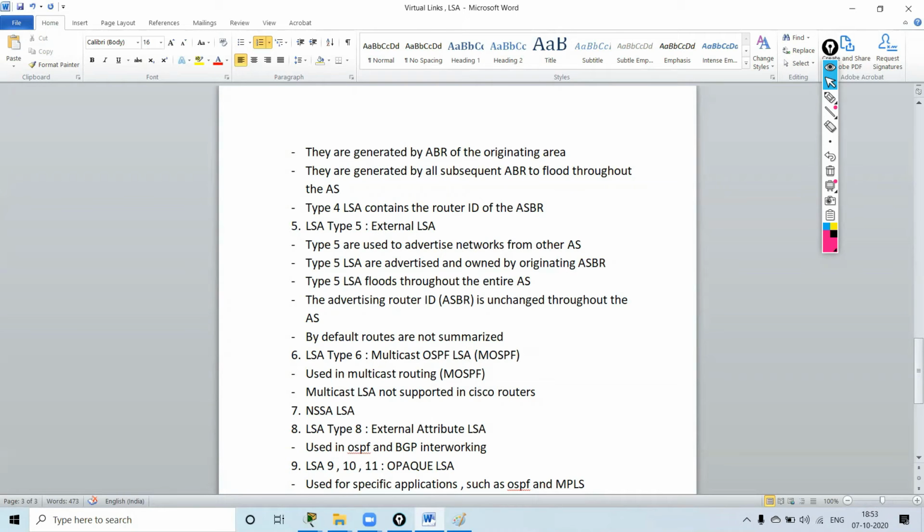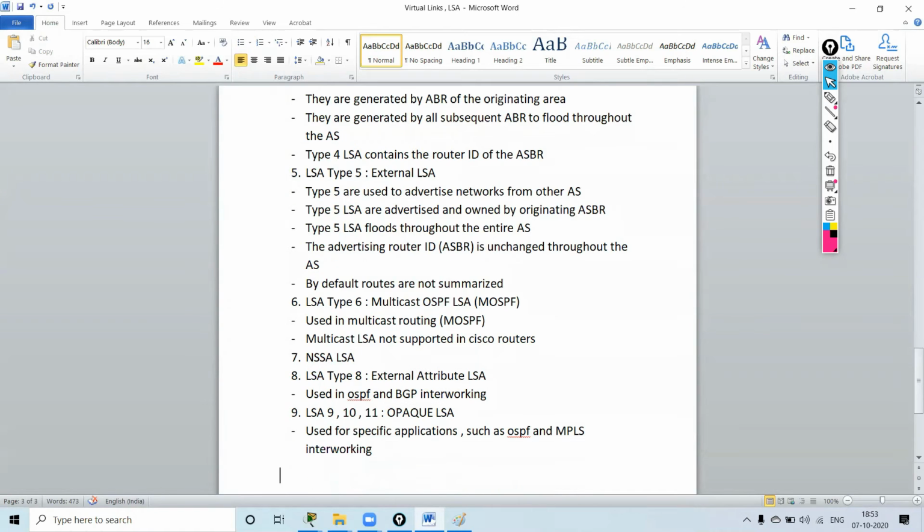When we are working with BGP and OSPF both, then we need LSA type 8, external attribute LSA. Then 9, 10, and 11 are known as opaque LSA, used for specific applications such as OSPF and MPLS interworking.